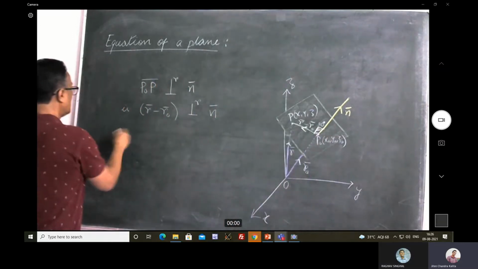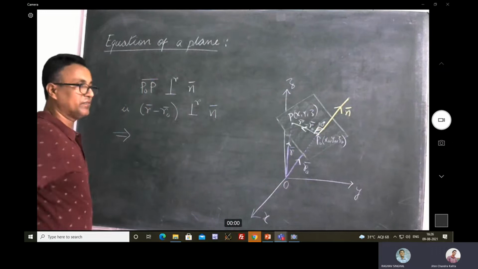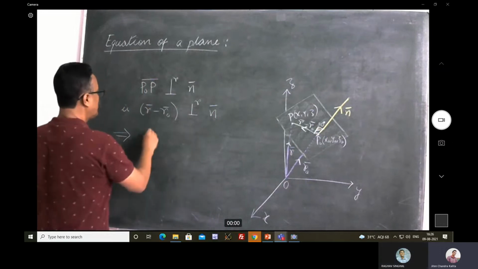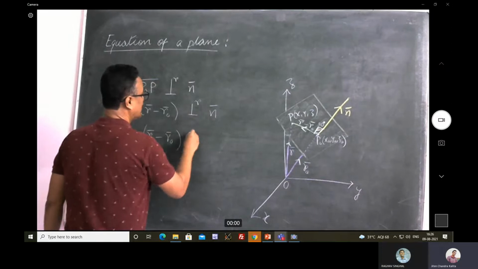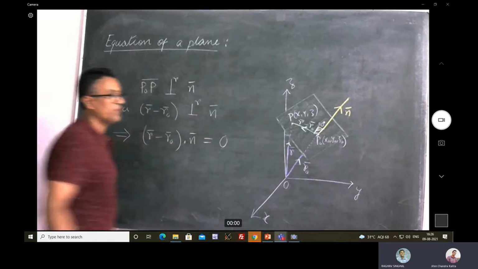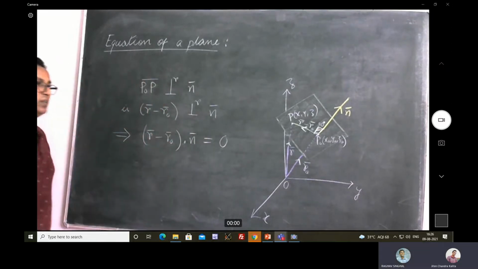From the property of the dot product, what we get is (r minus r naught) dot N equals zero.